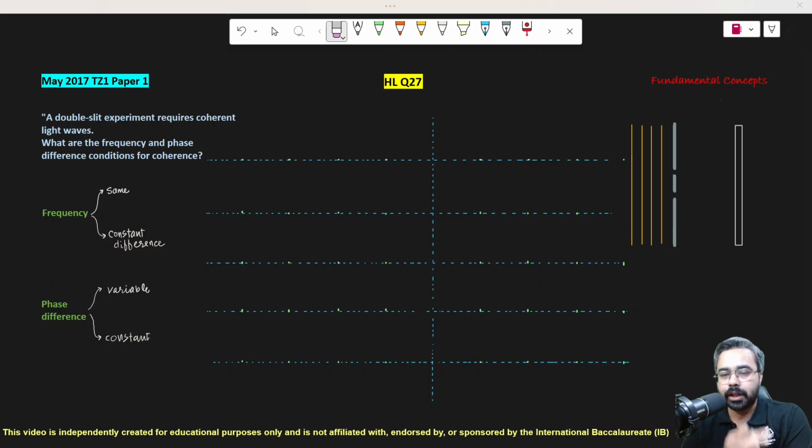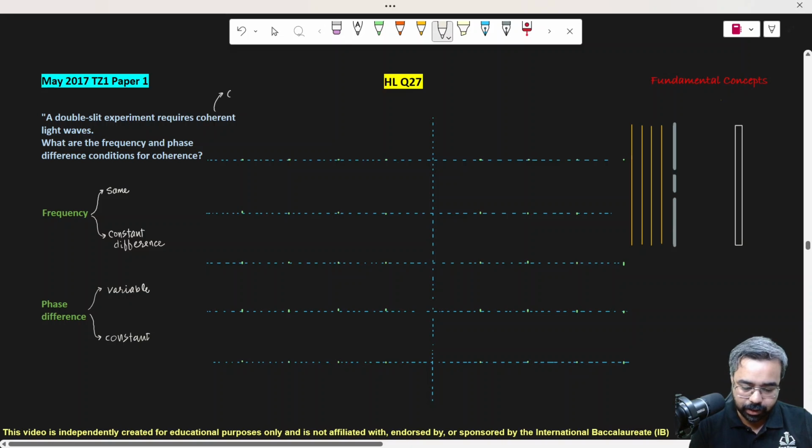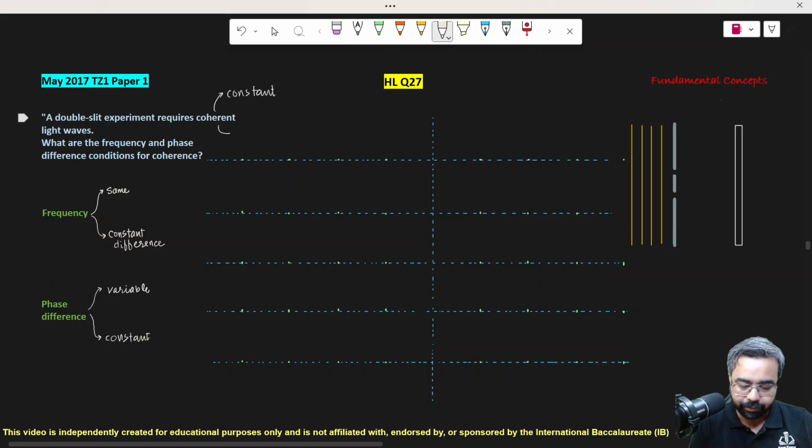I will show you comprehensively by drawing the waves, and I will show you that if the two waves are coherent, it means not only that their frequency is constant, but also that their phase difference is constant.